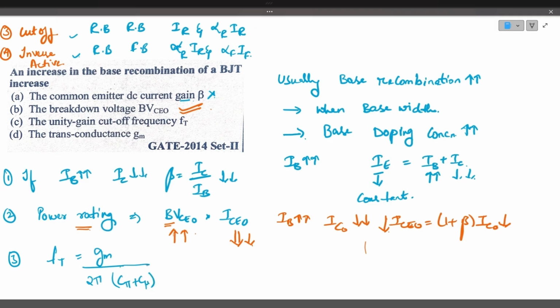These capacitances are constants, but g_m can be written as I_C by V_T. So here collector current already reduces. So this also reduces f_T. So there is no scope for unity gain cutoff frequency to increase. So this is also a wrong option. Next comes transconductance. Transconductance we have already seen, I_C by V_T. So if I_C reduces, transconductance also reduces. So this is also wrong. Answer is option B.